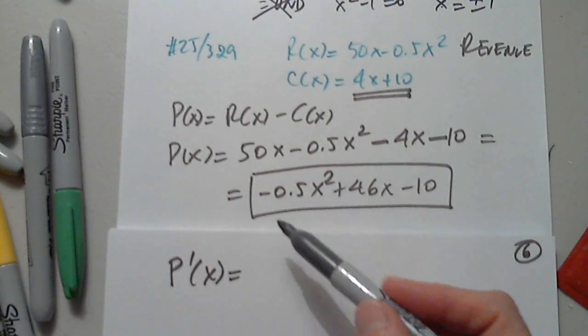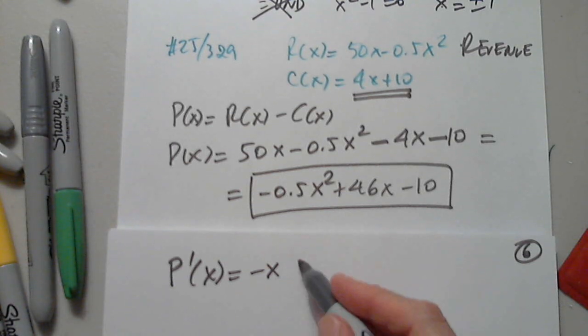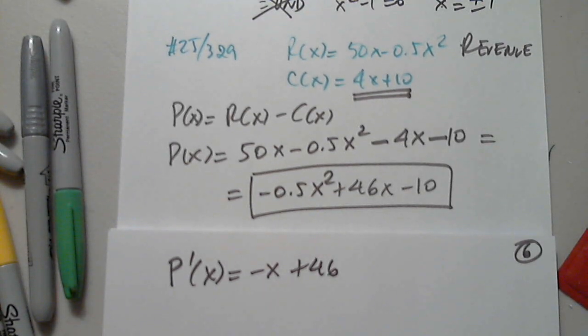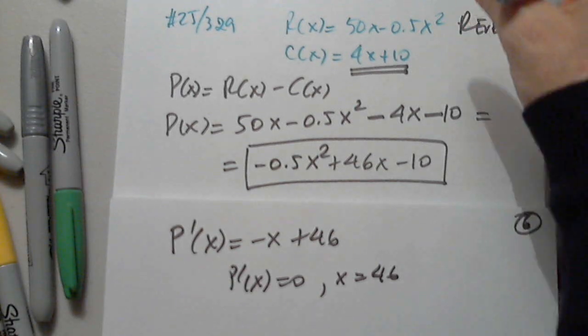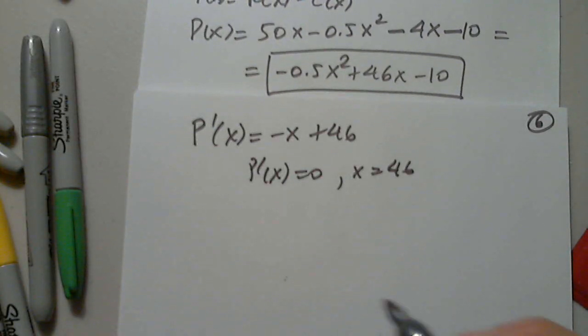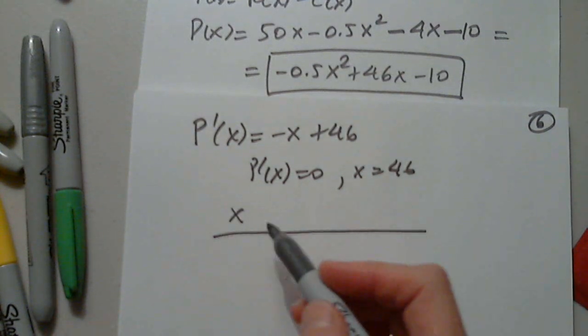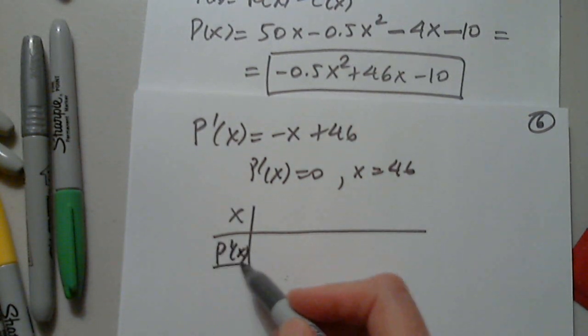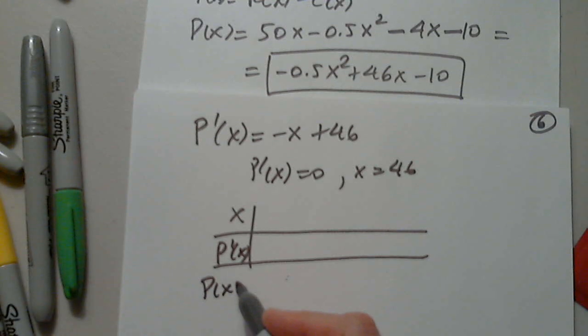So bring down 2, so I get negative x plus 46. This is never undefined, but p prime of x could be 0 at x equals 46. I have to show with the table that this gives a maximum. Very simple. All I have to show is this. P prime of x and then p of x.